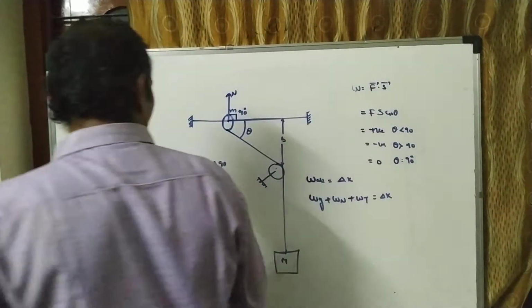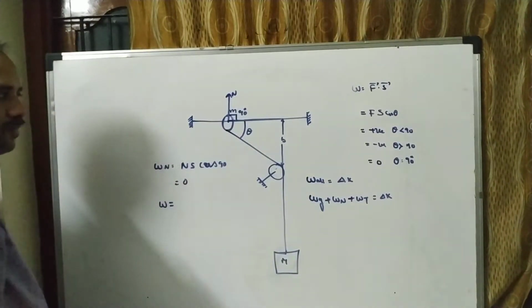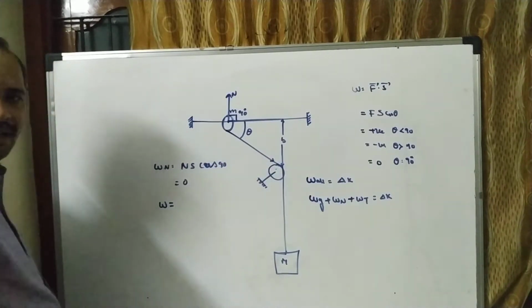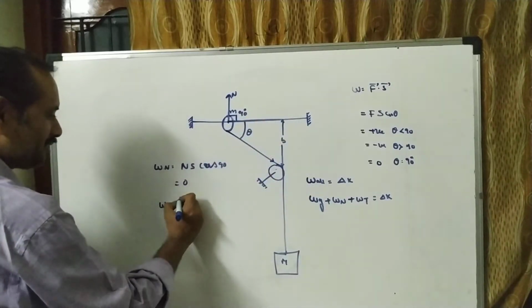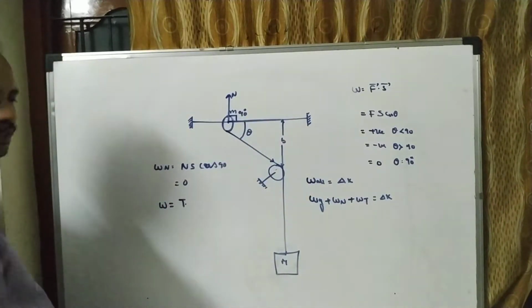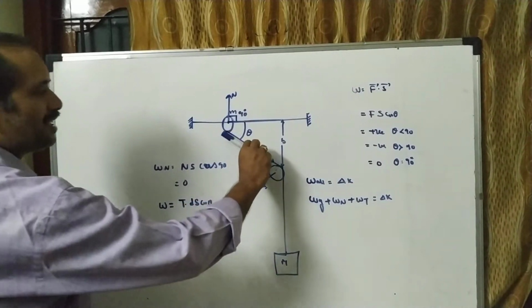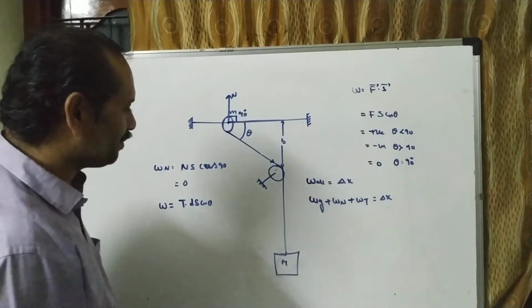Next, work done by tension is equal to force into displacement. The component of tension here, sir, is T into ds cos theta; the T sin theta component is anyhow going to be 0.